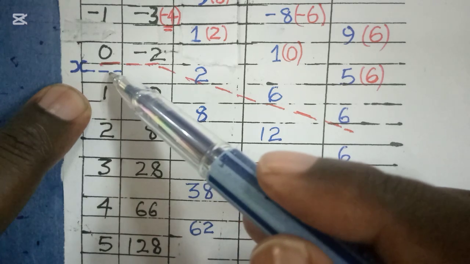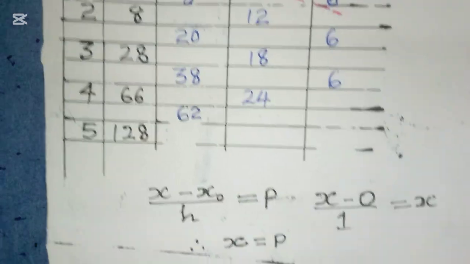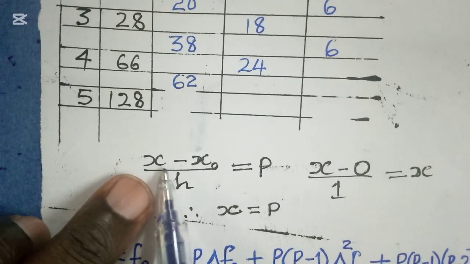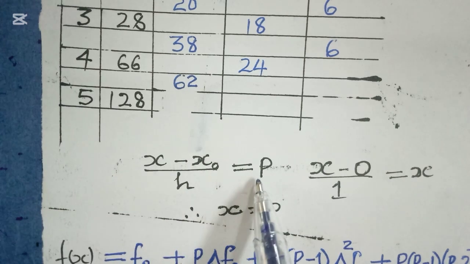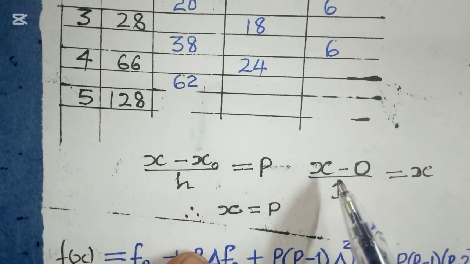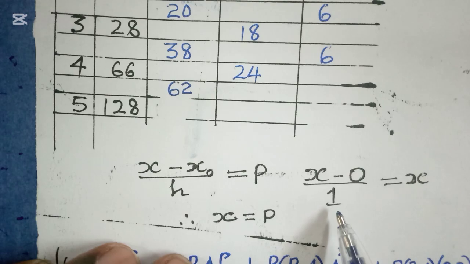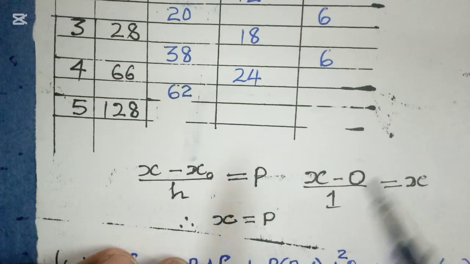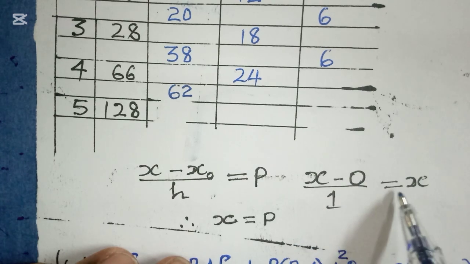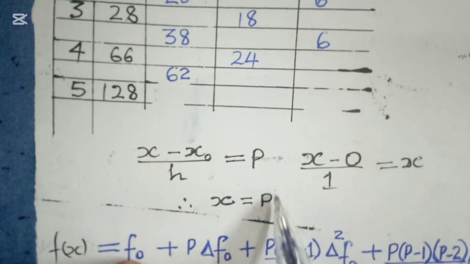We shall say x minus x0, that is the point 0, all over h. This gives us p. So we have x minus 0 all over 1, that is the interval from one entry to another, which for x is 1. Therefore this gives us x, and as you can see, x is equal to p.